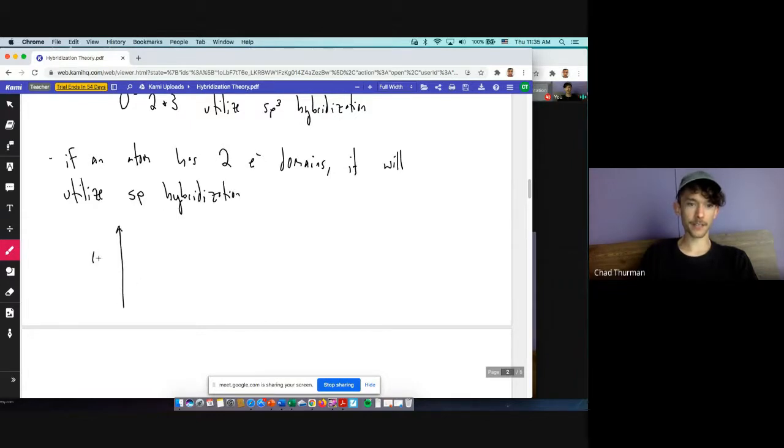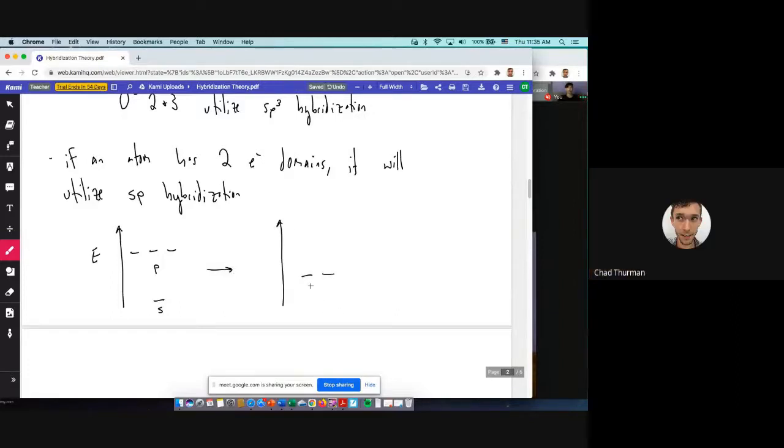So in this case, to make its hybrid orbitals it uses for bonding, it's going to take the s orbital and one of the p orbitals. It's going to make two brand new orbitals for bonding that we call sp orbitals. And then just like last time, I'm going to have two leftover unhybridized p orbitals.